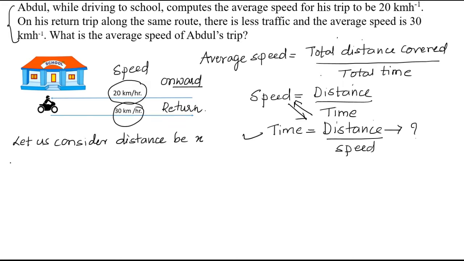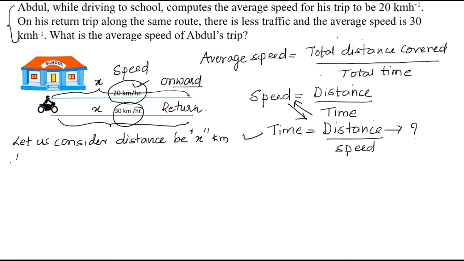So let us consider the distance to be x. Now since the unit of speed is kilometer per hour, let the distance be in kilometers. While going forward, he travels a distance of x kilometers and the same distance while coming towards his home.